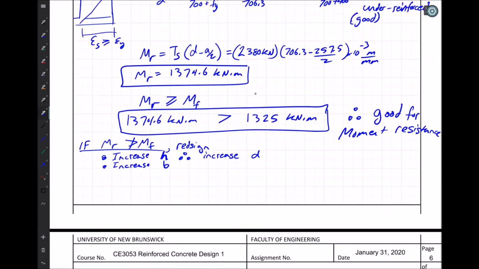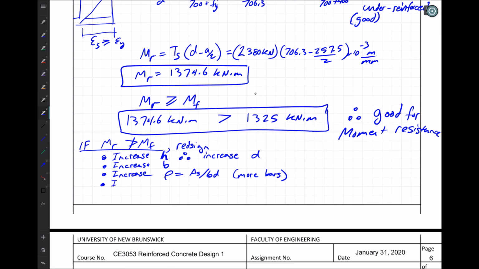And then we could, if we wanted, increase rho, which is equal to As over bd, so more bars here. And we note that we had the possibility to put actually 6 bars per row, so we could go up to 12 bars quite easily. Be careful about not exceeding row max, though.